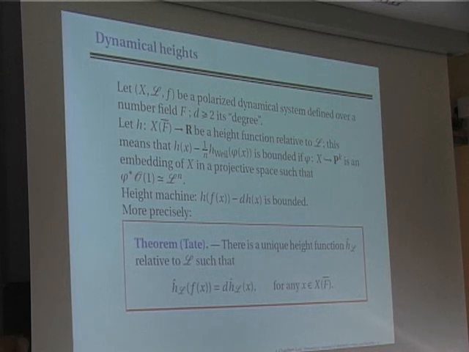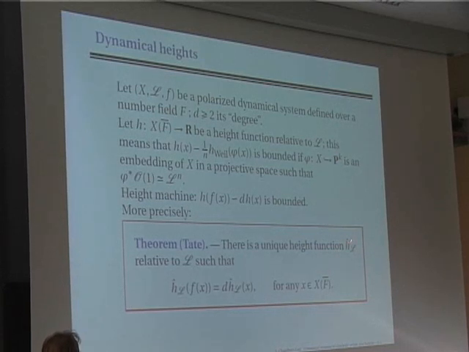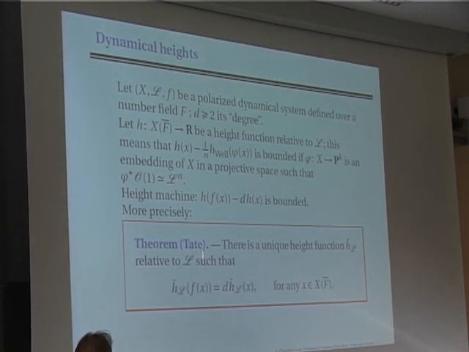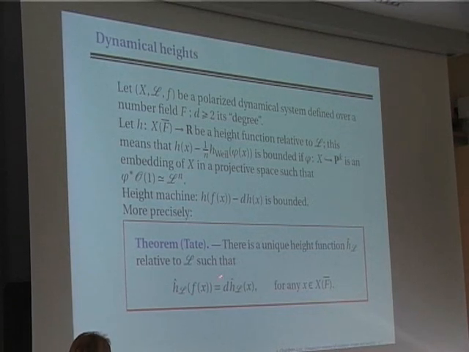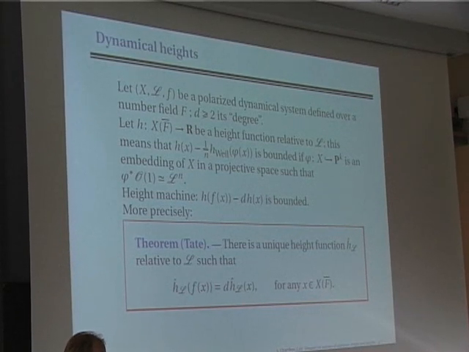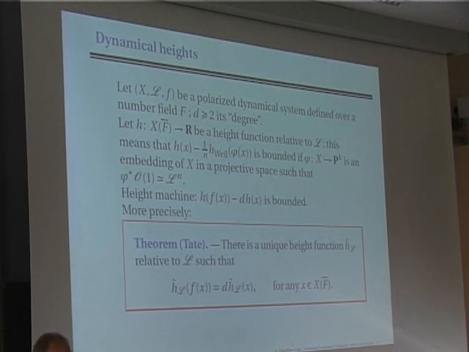And, well, Tate's trick allows you to prove that there is a unique height function, which I call h with a hat, to recall that it is canonical, which is relative to the line bundle L, such that the canonical height of f of x is precisely equal to d times the height of x.